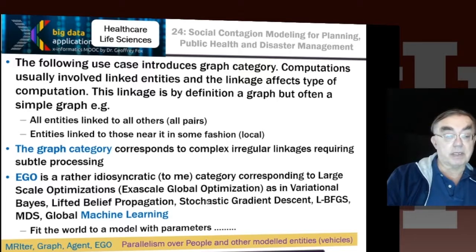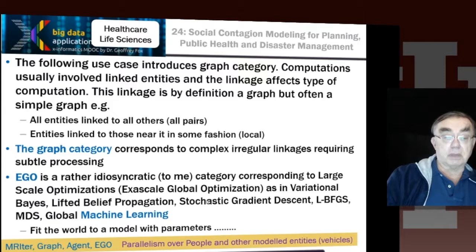There are various words in the literature such as variational Bayes, stochastic gradient descent, a variant of that called LBF, a related method called LBFGS for analyzing these types of large-scale problems to find their minima, multi-dimensional scaling, what I call more generically global machine learning.